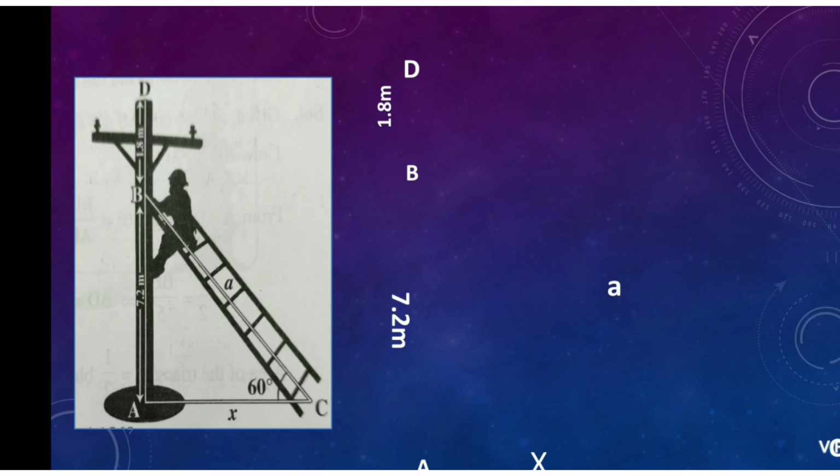So he climbs somewhere, and he has to select the repairing point which is 1.8 meters below the height. Actually the height of the pole is 9 meters, but he works at a height of 7.2 meters, which is 1.8 meters below the top.